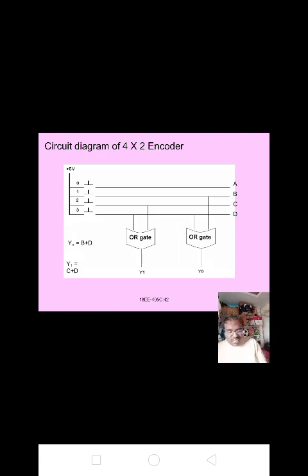Once again, repeating what is meant by encoder. An encoder is a combinational digital logic circuit that accepts an active level on one of its inputs, which represents a digit such as a decimal or octal digit, and converts it to a coded output such as binary or BCD.